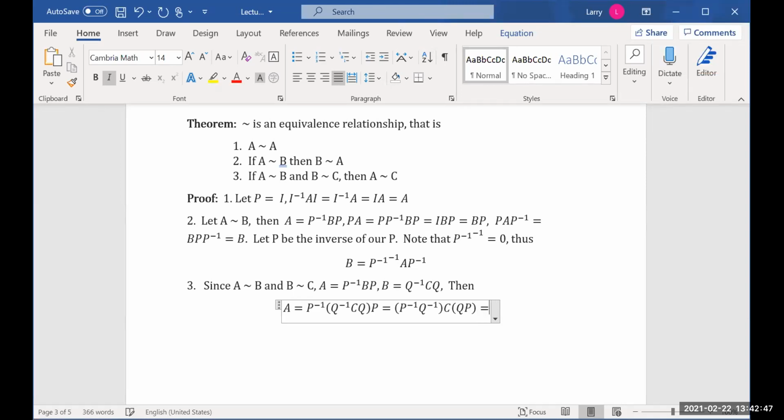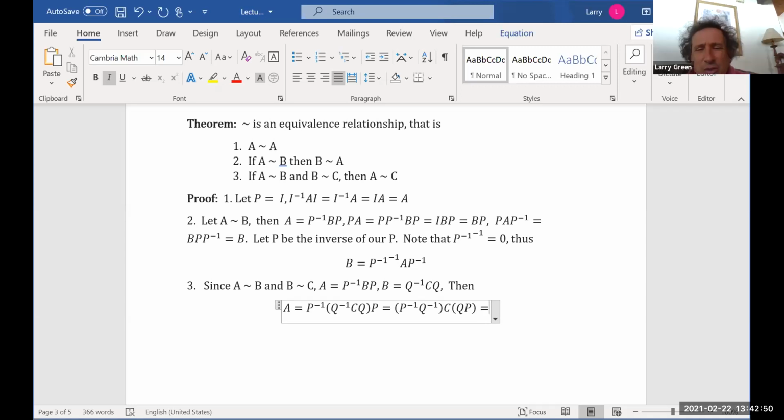The inverse of P times Q. Not quite, and this is why it's actually good that it's not that. It's QP. It switches. Remember that you switch the order of multiplication when you do an inverse. So it's actually going to be QP all inverse times C times QP. Do you remember that little rule of inverses?